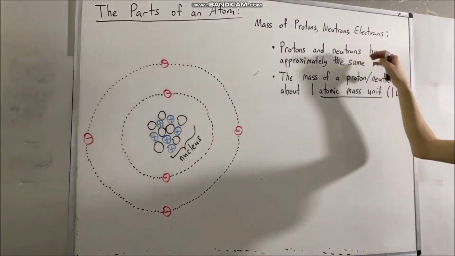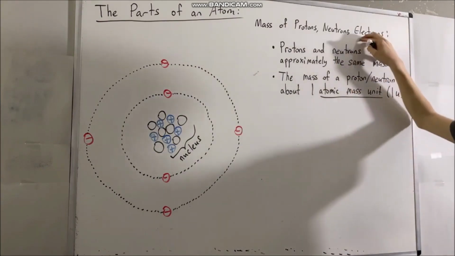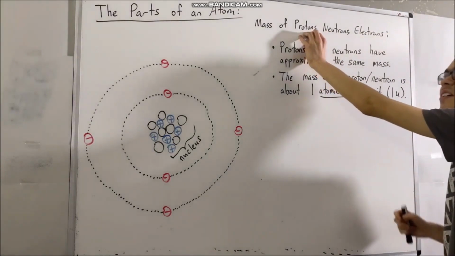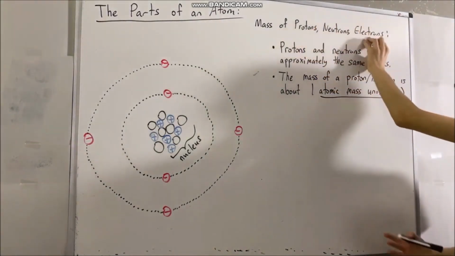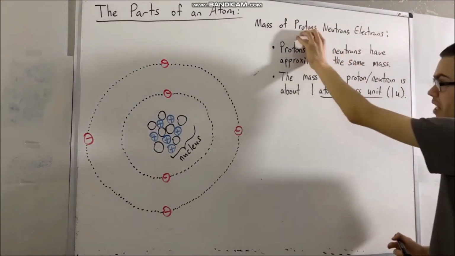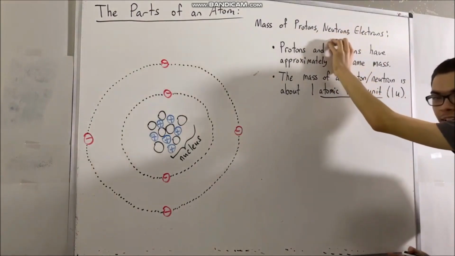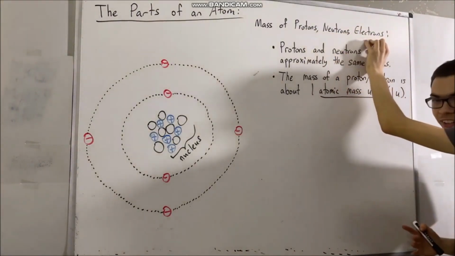Right, that's pretty much it for the mass of a proton and a neutron. As for electrons, well, it turns out that a proton is about 2,000 times more massive than an electron. And because protons and neutrons have approximately the same mass, that means a neutron is about 2,000 times more massive than an electron.